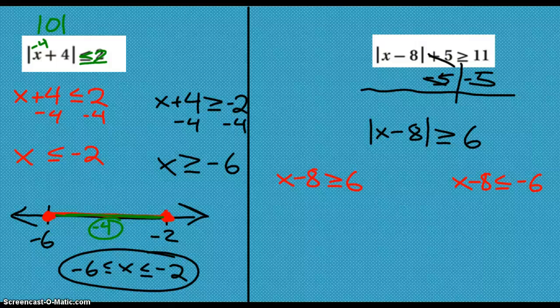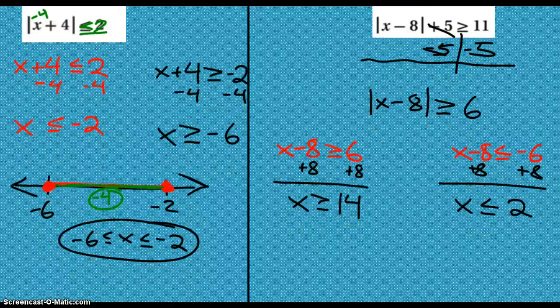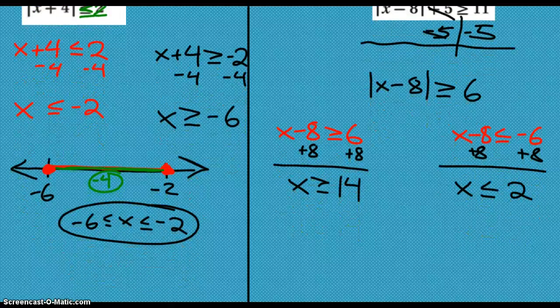Solve the same way. So add 8, and we've got x is greater than or equal to 14. And we've also got x is less than or equal to 2. And again, we can graph those 2 points and figure out what kind of statement we have. So it's like a little shortcut.